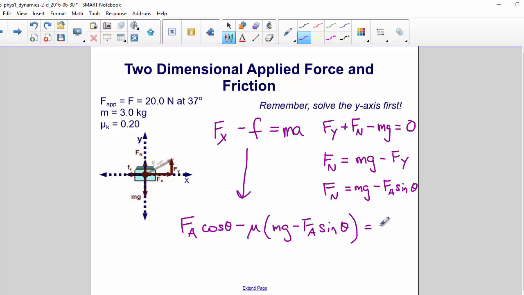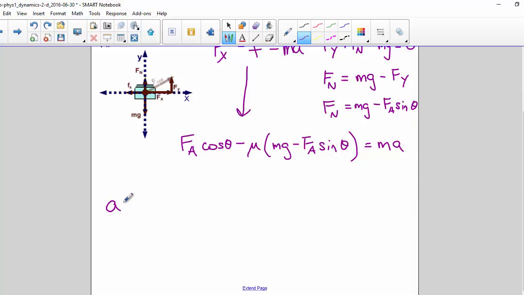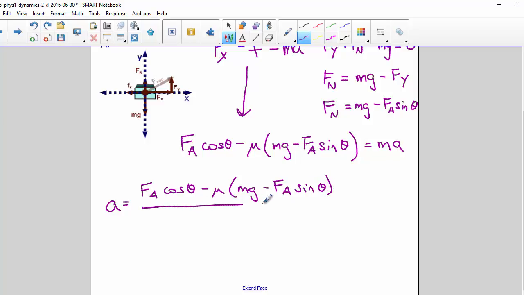That is equal to ma. So a is equal to force applied cosine theta minus mu times (mg minus force applied sine theta), divided by m.